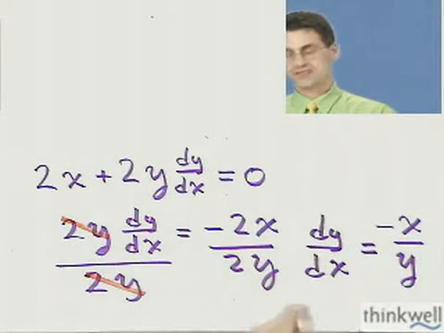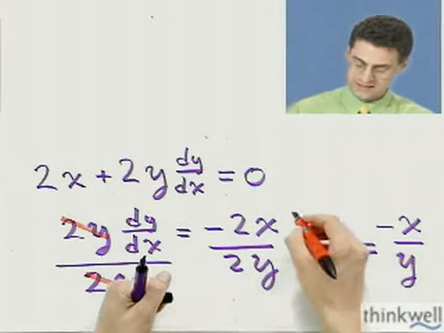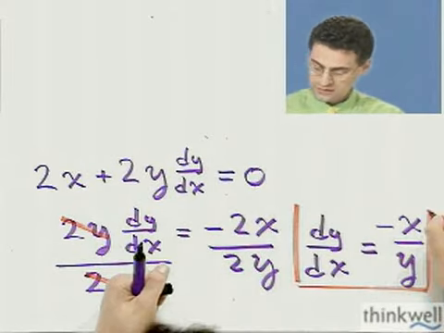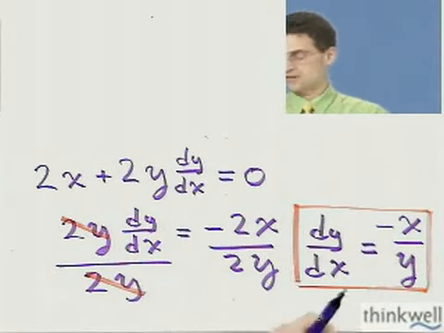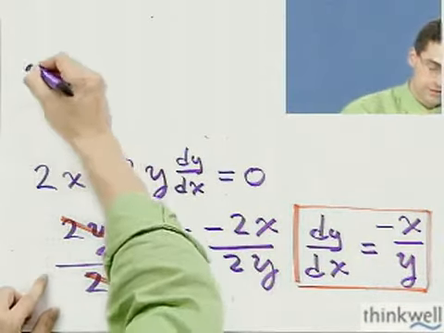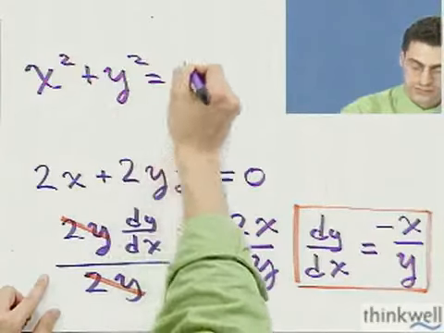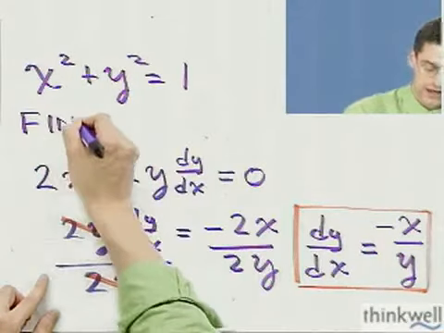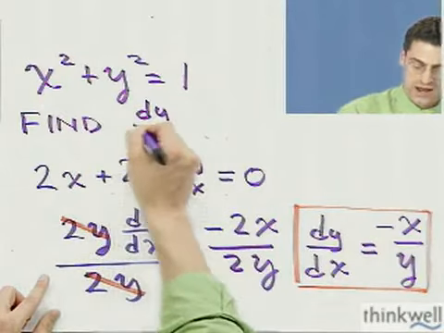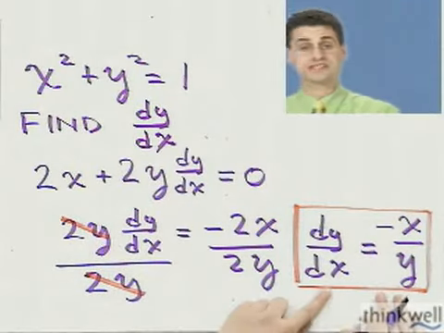So dy dx, the derivative of y with respect to x for the circle, turns out to be minus x over y. Remember, the original equation we were given was the circle centered at the origin of radius 1. The question was, find dy dx, and we just did that.